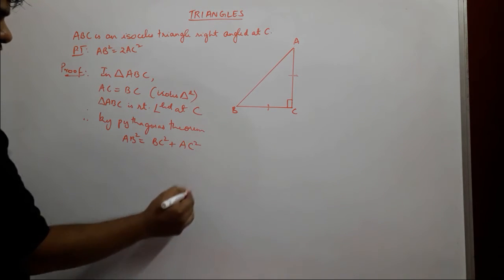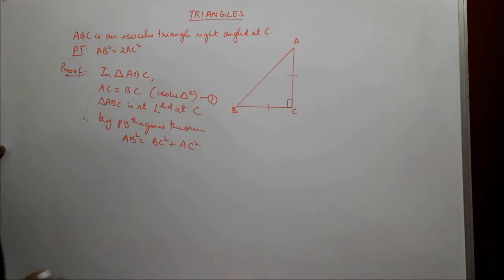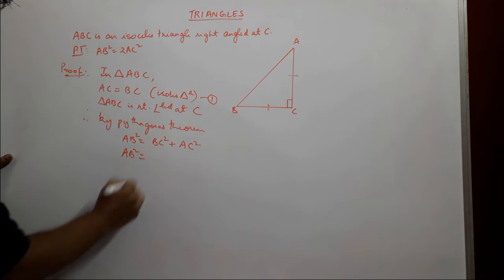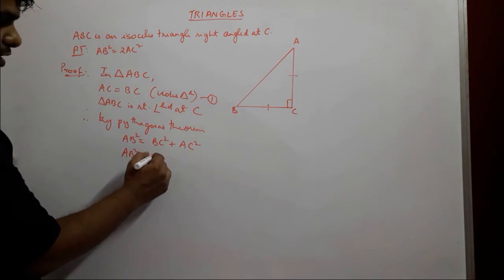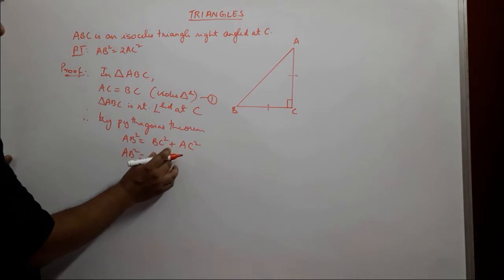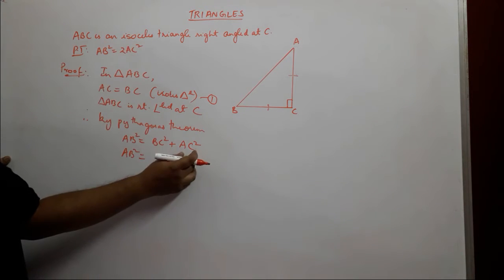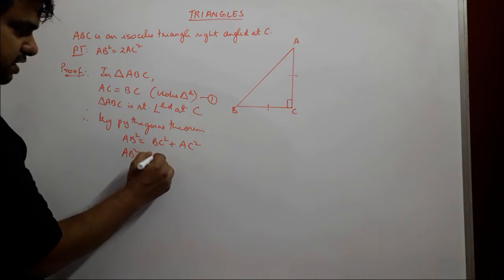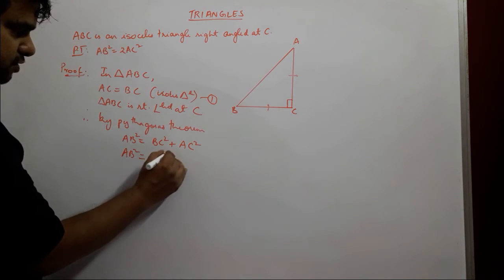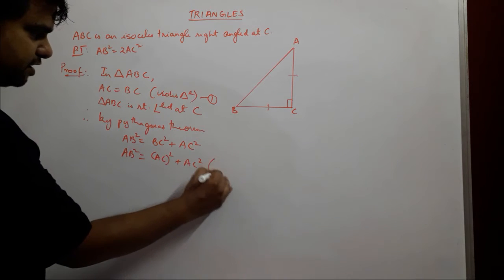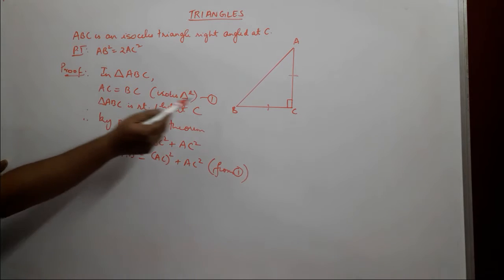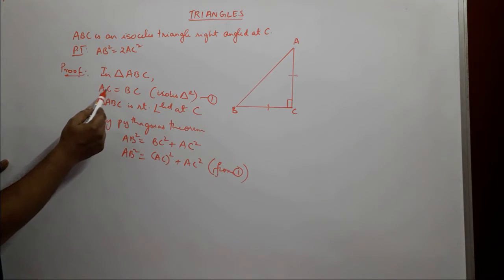AC square. We put this as 1. But we can also say that AB square is equal to, now instead of BC square we need AC square. We know that BC is equal to AC, so we can say AC whole square plus AC square, from 1, where AC is equal to BC.